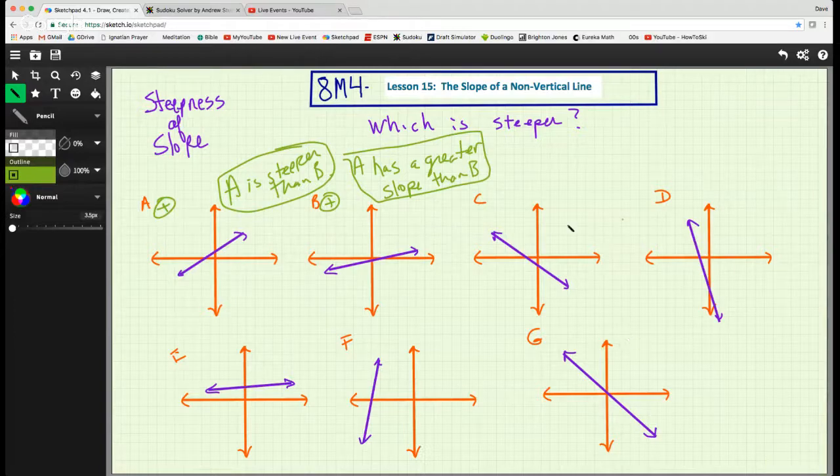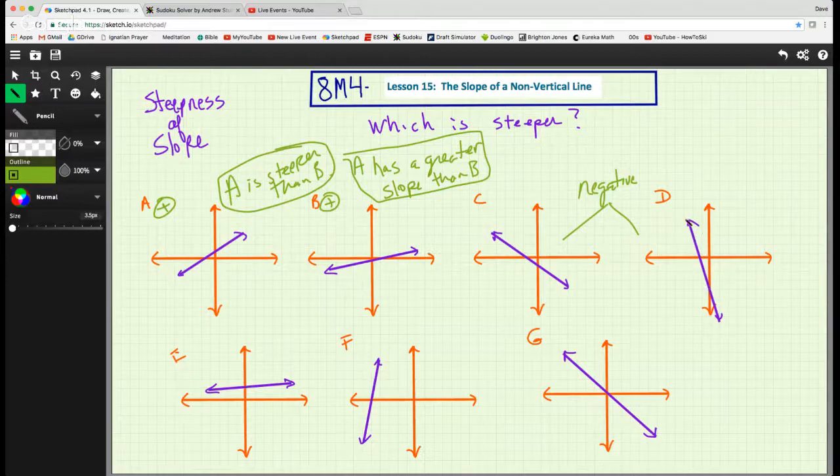So let's look at C and D. These are both negatives. Which one is steeper? If you put a rock on it and it starts rolling down, which one is going to roll down faster? If you were walking down a hill, which one would you be able to run faster down?